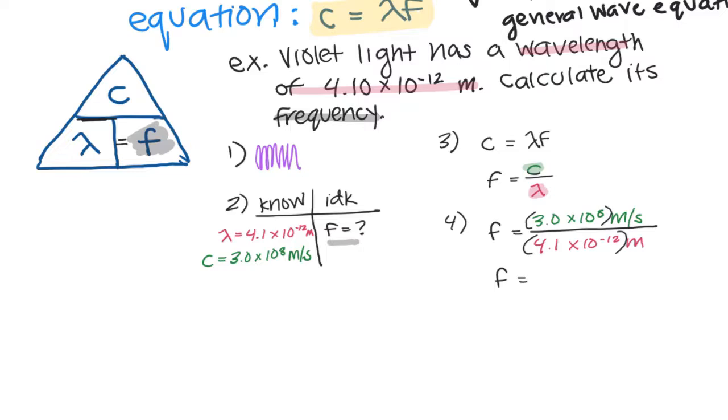Now, if you were to type it in the calculator correctly, you all should get a frequency of 7.3 times 10 to the 19th hertz.